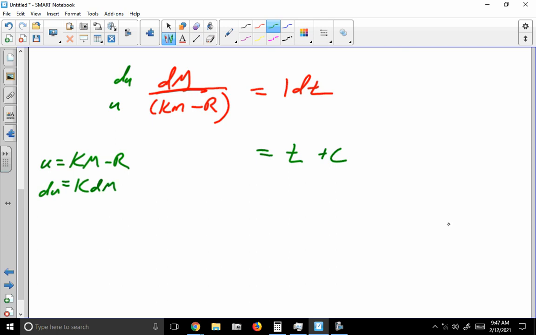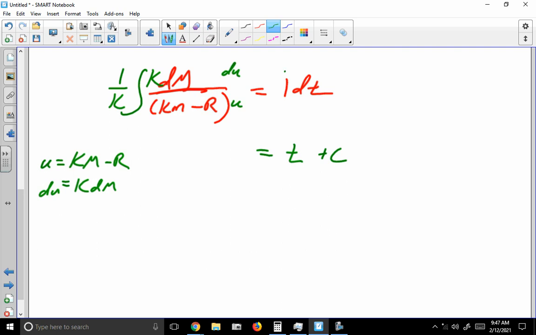So we need a k here, and when we integrate this, we need a k on bottom. If we multiply the inside by k so that this is du, and that's u, then we have to divide by k out front.